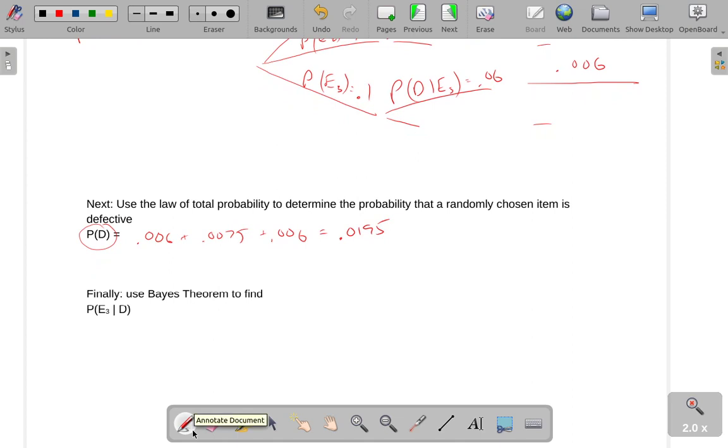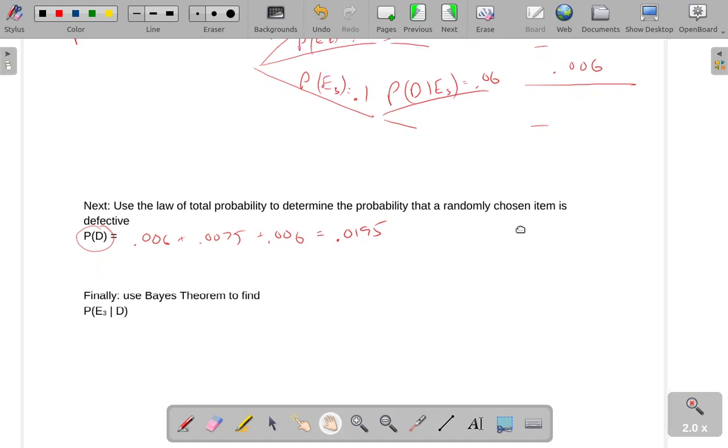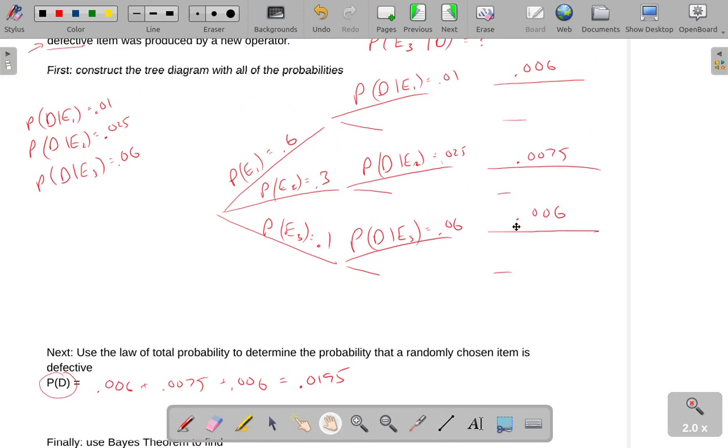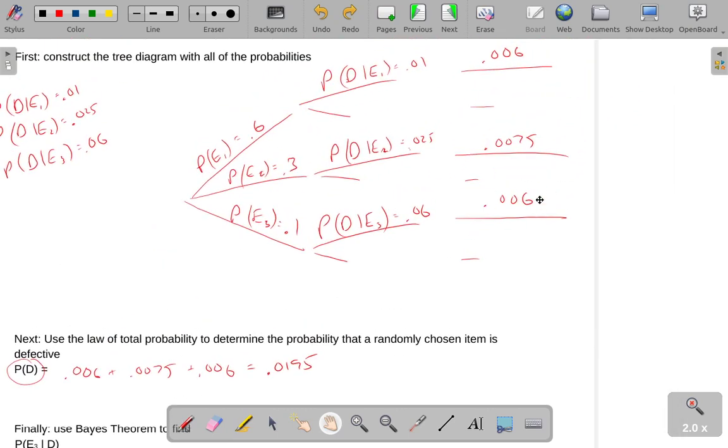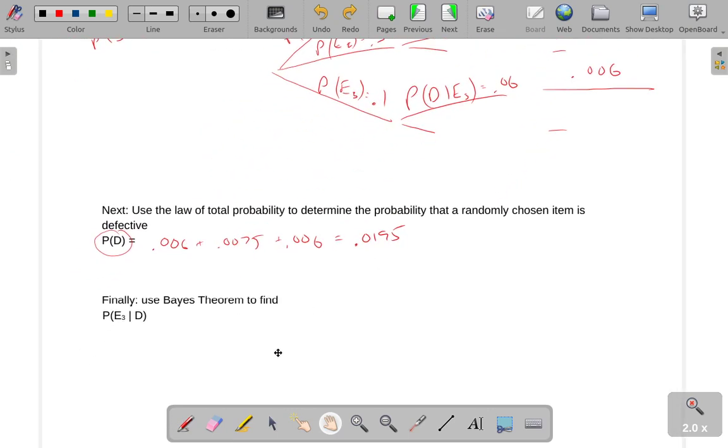All right. So finally, I want to use Bayes' theorem to figure out the probability of E3 given D. So if we know we have a defective item, what's the probability it came from this branch right here? And that is taking that branch divided by the sum of these three. We already found the sum of those three. That's the 0.0195.